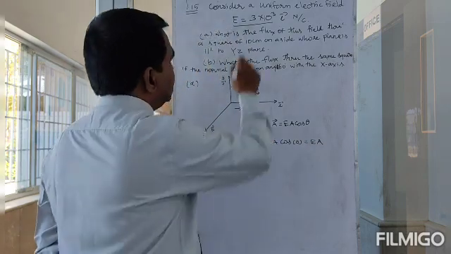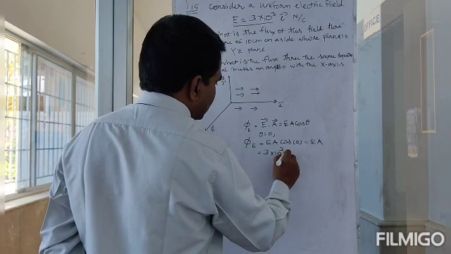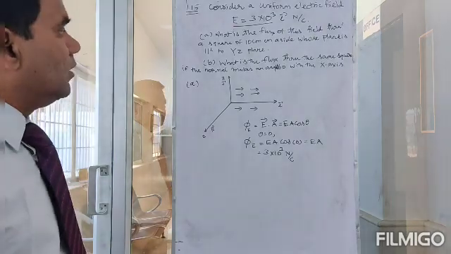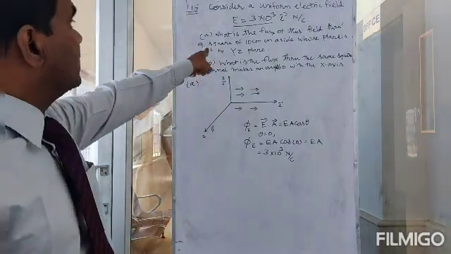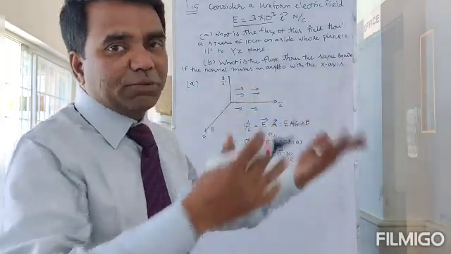So what is E? E is equal to 3 into 10 power 3 Newton per coulomb. And then A is 10 centimeters, so 0.1 meter into 0.1, that's the area.